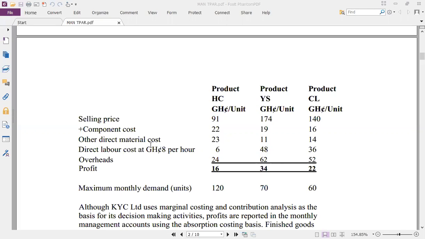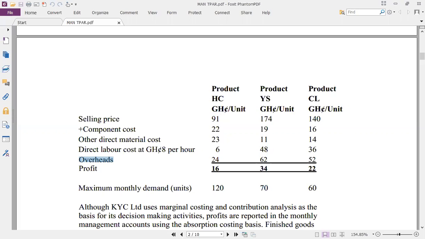Other material costs are 23, 11, 14. Then lastly, we have direct labor cost. Please, the overheads over here are fixed costs. Why are they fixed costs? The overheads are fixed costs.